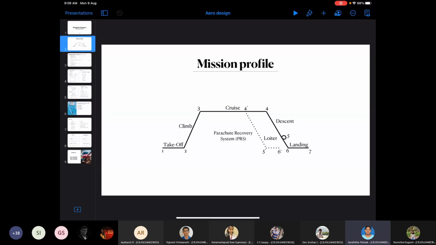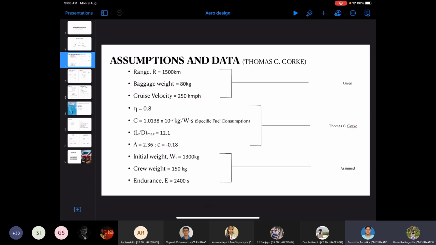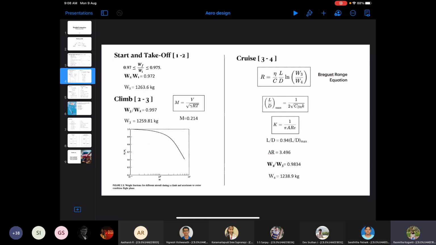Sir is asking what is the cruise Mach number and aspect ratio. So the cruise Mach number is 0.214 and the aspect ratio is 3.496. Here we mentioned it.